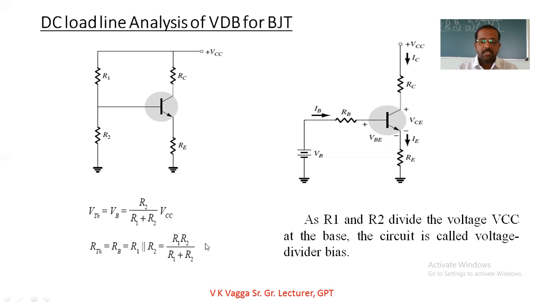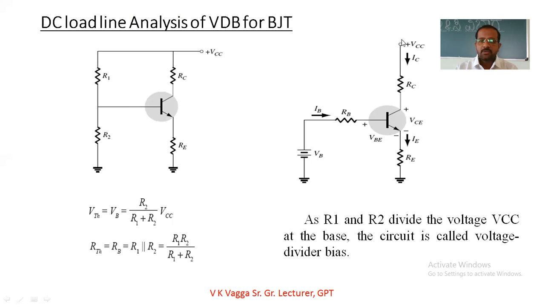So, if the circuit is simplified for the DC analysis, the voltage at the base of the transistor is given by R2 divided by R1 plus R2 into VCC, and the resistance RB is given as R1 into R2 divided by R1 plus R2. With these values, the circuit is represented in this way.